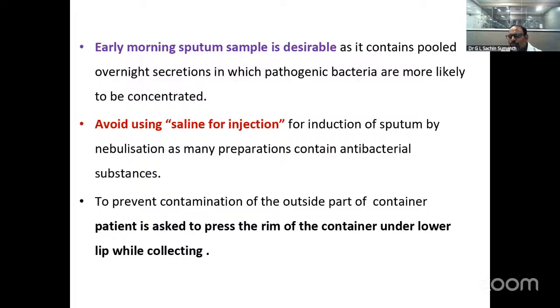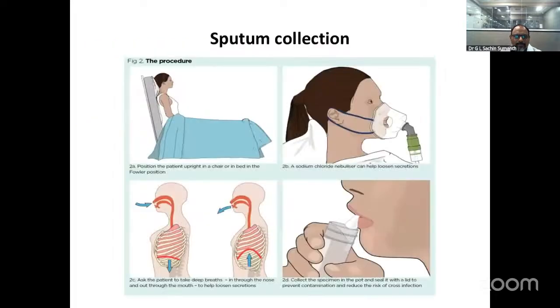The saline used for injections is to be avoided for nebulization because sometimes those preparations contain antibacterial substances. To prevent contamination from the outside part of the container, we ask the patient to press the rim of the container on the lower lip while collecting the sputum sample. These are a few ways you can collect the sputum sample.